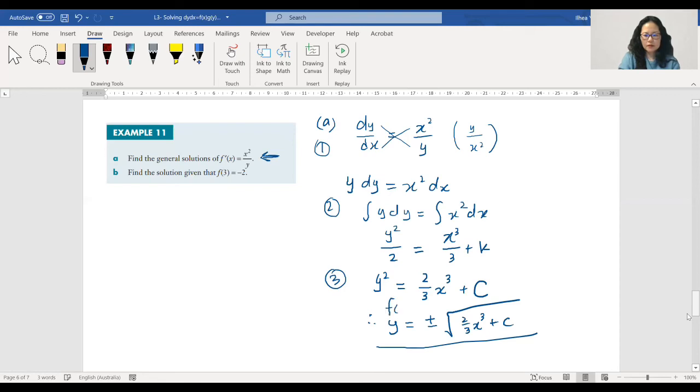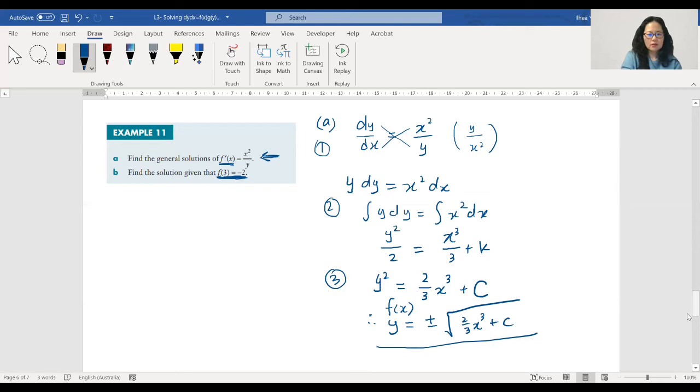After you've done y equals whatever, change that to f of x equals plus minus the square root of 2 over 3x cubed plus c, because the question was in terms of f of x. Last time we had to remind ourselves again at the end. So this time, let's see how we go.